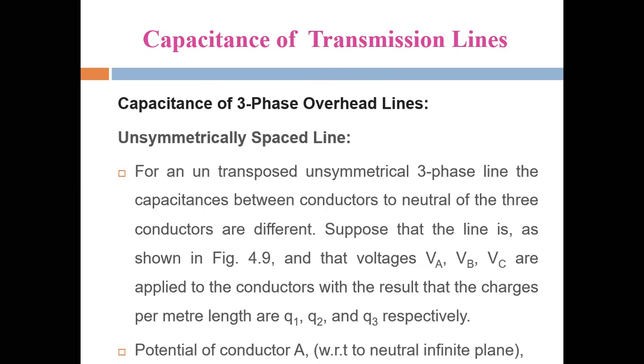First, the unsymmetrical spaced line. For an untransposed unsymmetrical three-phase line, the capacitance between the conductor and neutral of the three conductors are different.